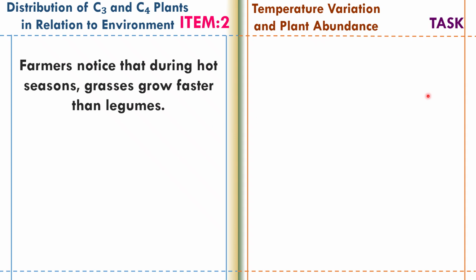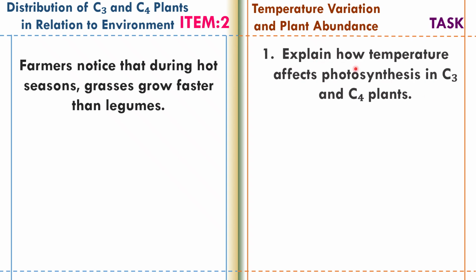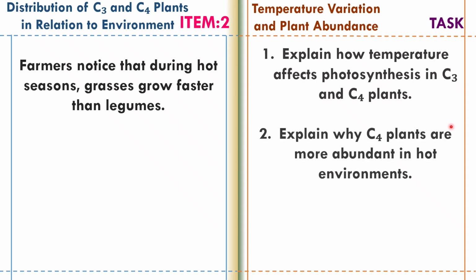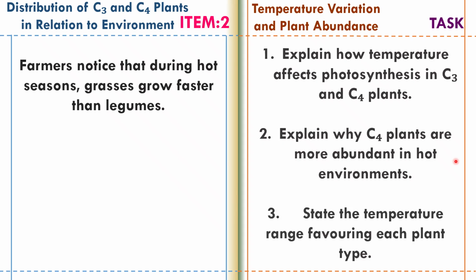Task: explain how temperature affects photosynthesis in C3 and C4 plants. Explain why C4 plants are more abundant in hot environments. State the temperature range favoring each plant type.